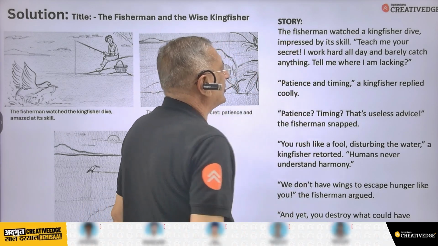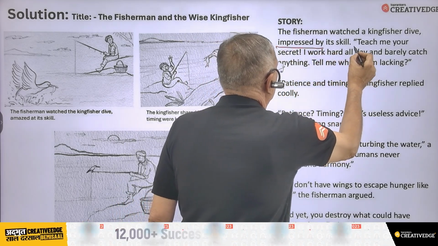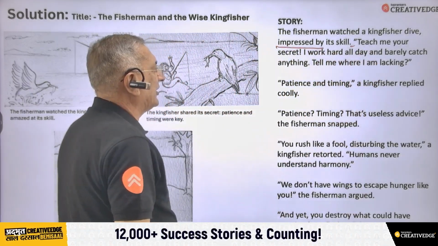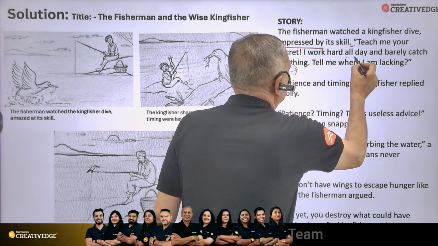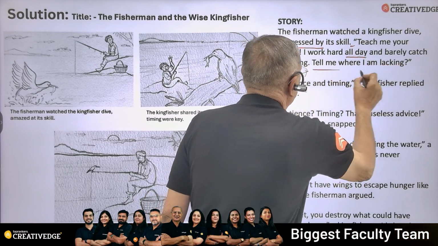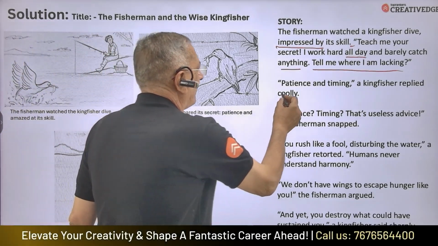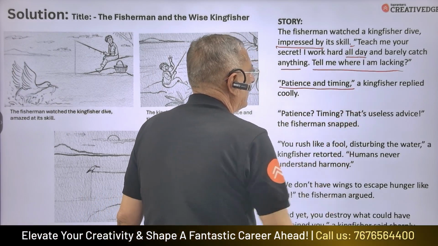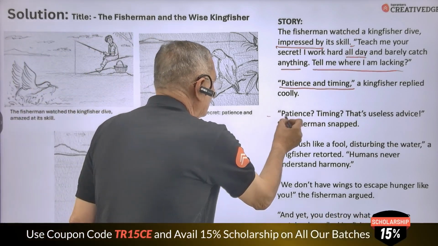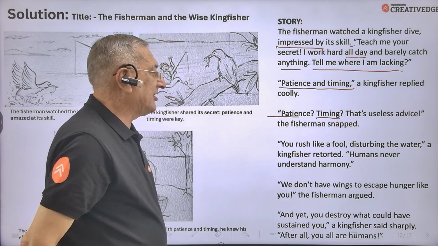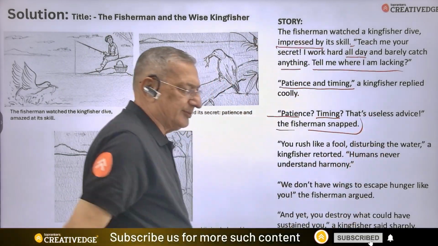The fisherman watched a kingfisher dive, impressed by his skill. The person says, "Teach me your secret. I work hard all day and barely catch anything. Tell me, where am I lacking?" "Patience and timing," the kingfisher replied coolly. "Patience? Timing? That's useless advice," the fisherman snapped.